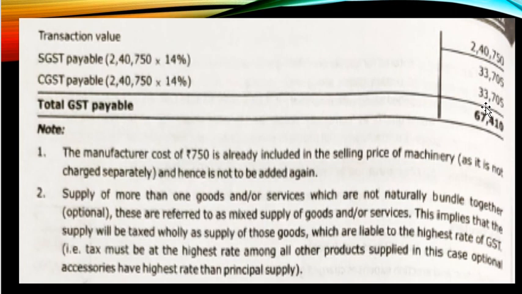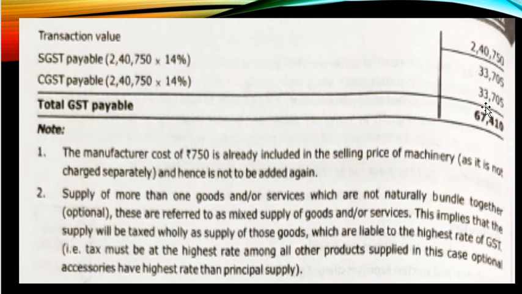The transaction value is 2,40,750. 14% for state gives 33,705, and for CGST, 2,40,750 into 14% also gives 33,705. So the total GST payable is 67,410. The note given here is that the manufacturing cost of rupees 750 is already included in the selling price of machinery, as it is not charged separately, and hence is not to be added again. Yes, I have explained this note.